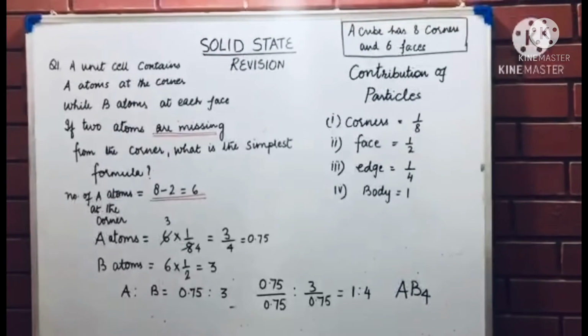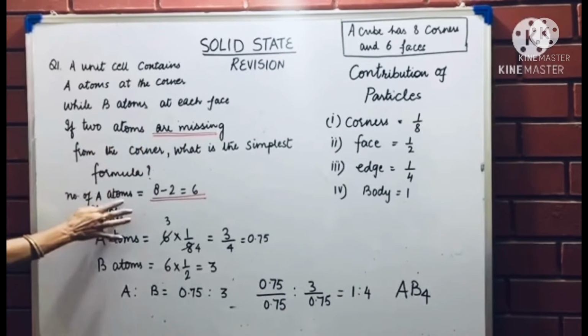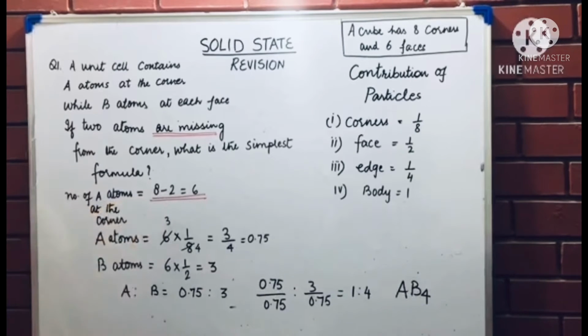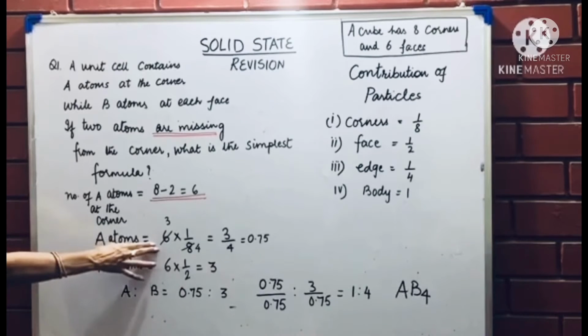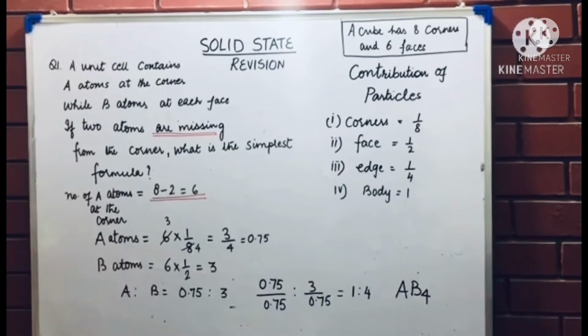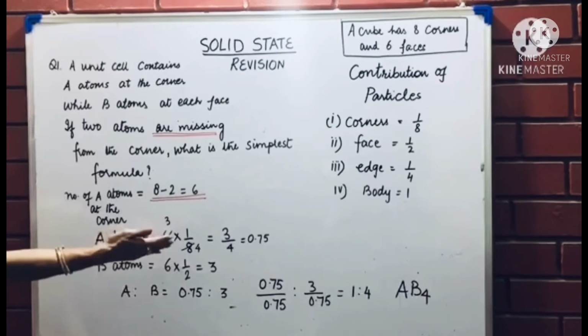A unit cell contains A atoms at the corner, while B atoms at each face. If 2 atoms are missing from the corner, what is the simplest formula? Now 2 atoms are missing, that means number of A atoms are 8 minus 2, which is 6. So you will say 6 atoms, their contribution each one was 1 by 8, which means 3 by 4.